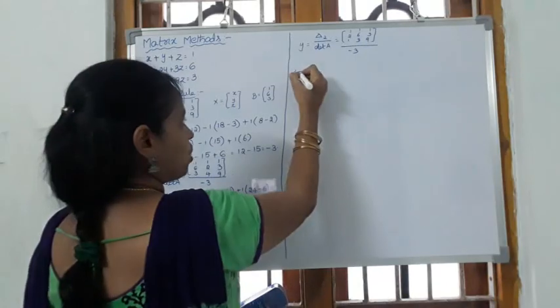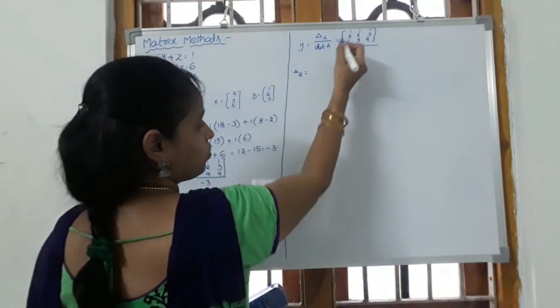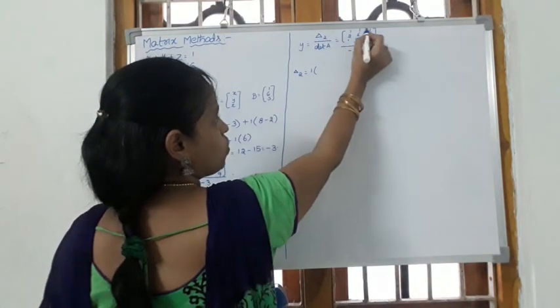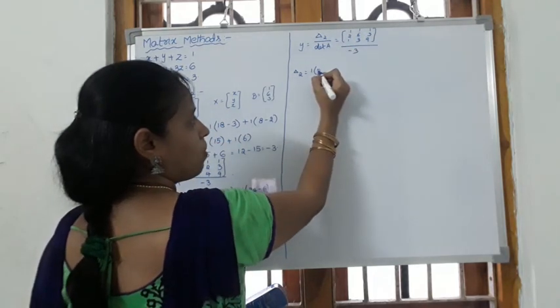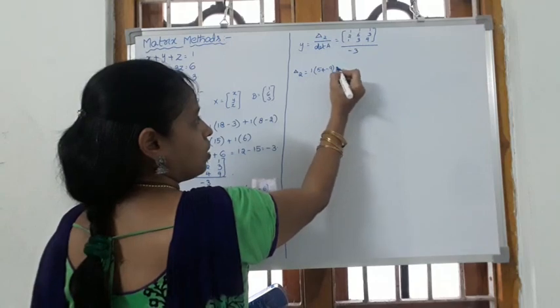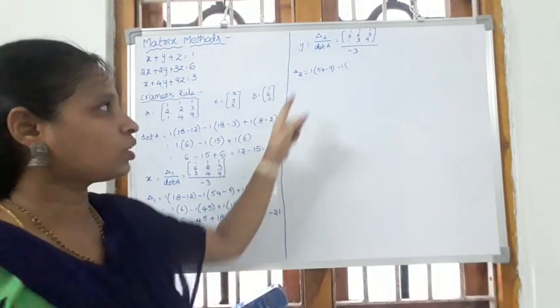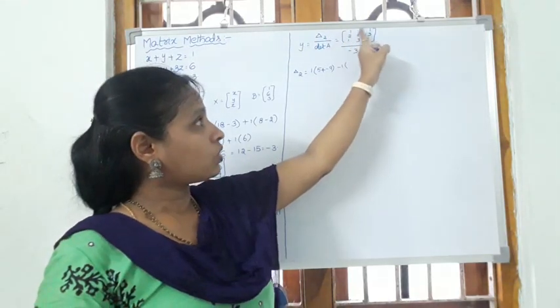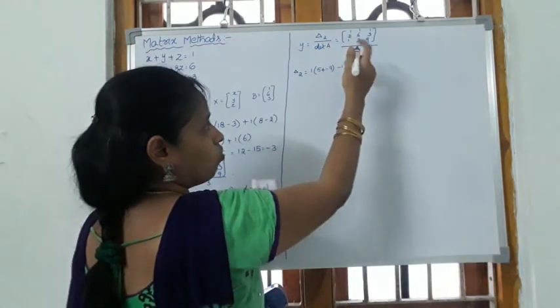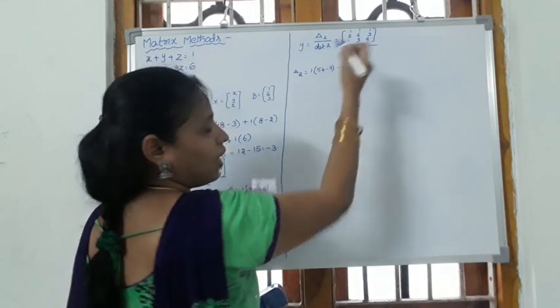Again, determinant of delta 2 is equal to 1 of, remove this row and this column to get these 4 elements, the determinant is 54 minus 9. Now minus 1 of, remove the second row and first column, to get 2, 3, 1 and 9.